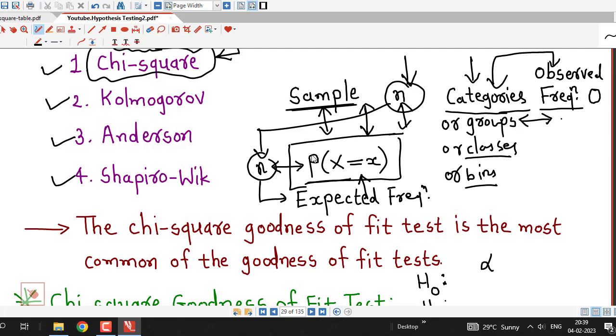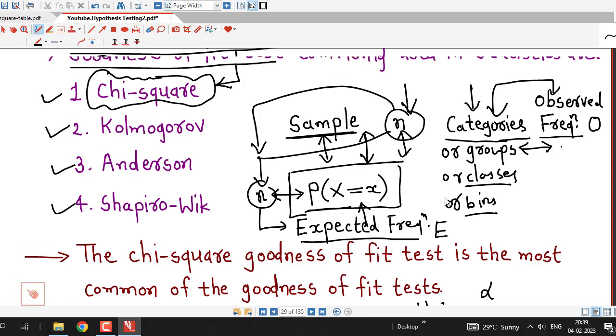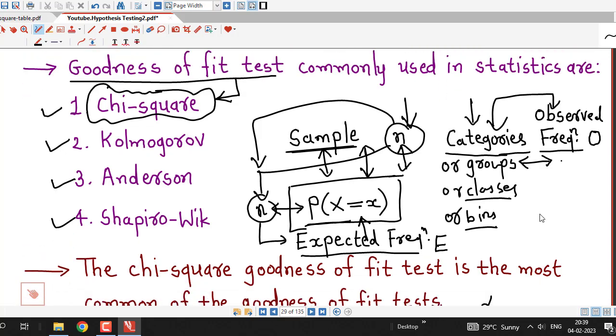Using that formula, we will calculate the probability for each category, and after calculating those probabilities, we will multiply each probability by the total number of observations in this sample, and we will obtain expected frequencies, which we will denote by capital E. Now suppose we have k categories, then for each category we will have observed frequencies and expected frequencies.